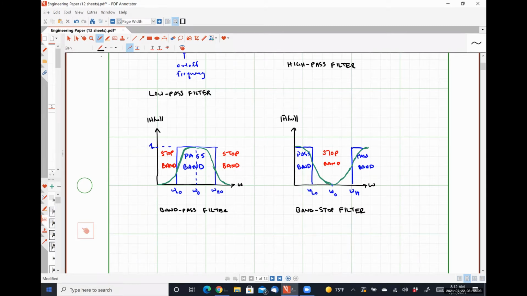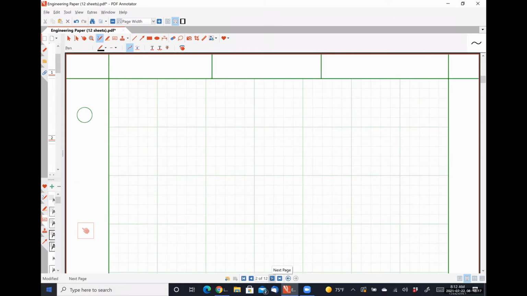sinusoidal components. Because we can break any signal into sinusoidal components, we can employ steady state sinusoidal analysis techniques to figure out what filters are doing. So let's say that we have the following circuit. I'm going to have simply a resistor with some value R and a capacitor with some value C, like so.